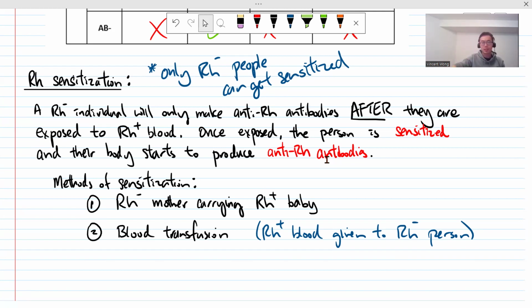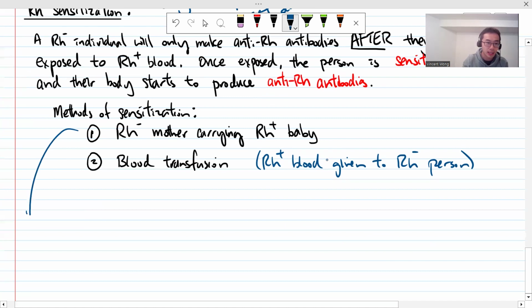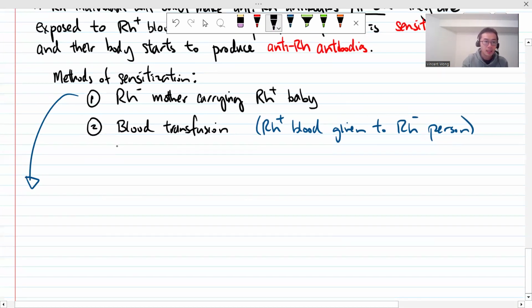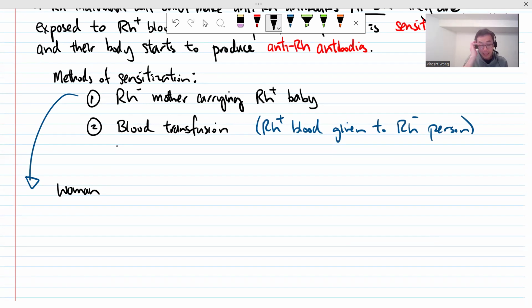Okay, so back to sensitization. It could be the blood transfusion, and it could be an Rh negative mother carrying an Rh positive baby. I'm going to talk about this in great detail. So here we go. Let's just say we have a mother, let's just say a woman, and she is Rh negative in terms of genotype.